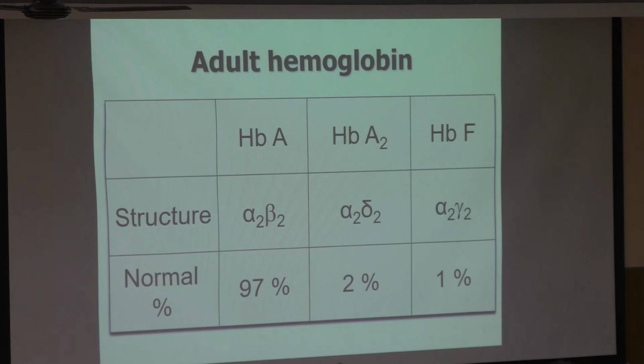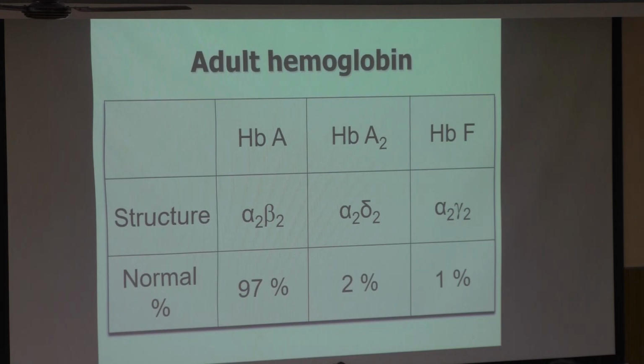Now why is it important? These chains are there, alpha chain and beta chain. The alpha chain is common, and the beta chain is in A, A2 contains delta, and F contains gamma. The only point to be noted here is that if there is a problem with the beta chain, it is severely affecting. What problems, we will see subsequently.